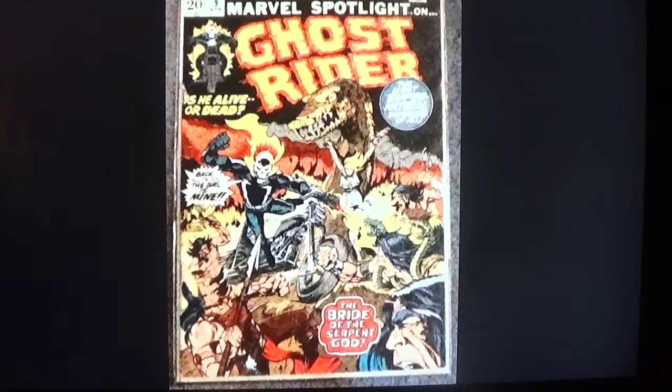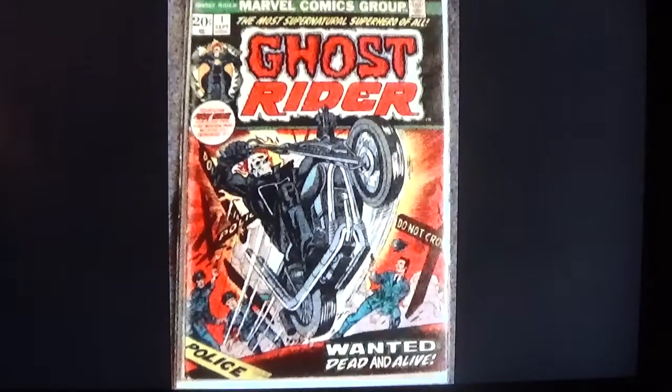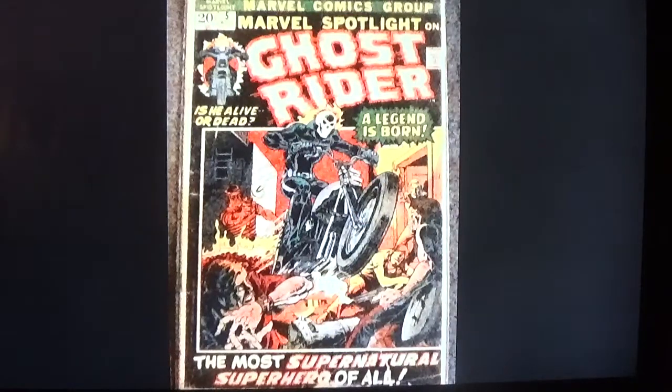Number 2. Ghost Rider first appeared in 1972. And you have to remember that was a totally different time than now. So, the Manson murders were still fresh in everybody's mind, and the whole satanic cult thing and cults in general were still a thing back then.